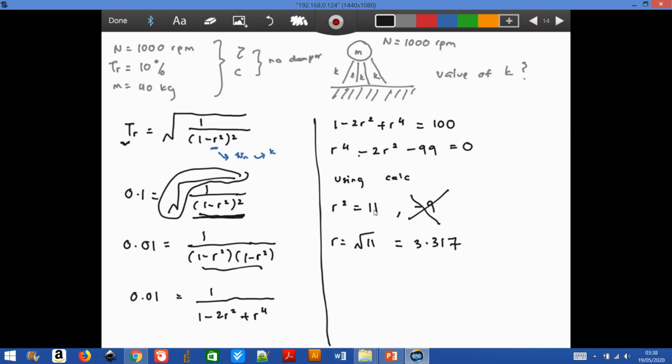From the r value, we know that r is omega over omega n. So the r value that we get, 3.317, equals 104.72 over omega n. How do I get this 104.72, which is the omega value?